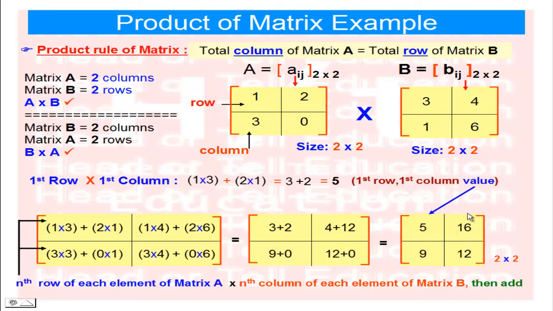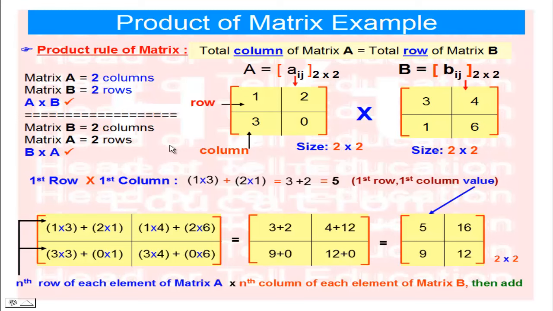Now the second row first column: 3 is multiplied by 3 and 0 is multiplied by 1, so we get 9 plus 0 and the value is 9. Next, 3 is multiplied by 4, then plus 0 is multiplied by 6, so this is the value of the second row second column. So this is the product of the matrices.